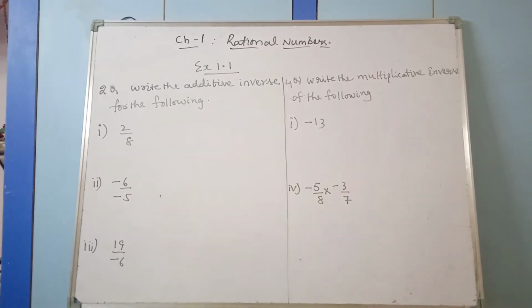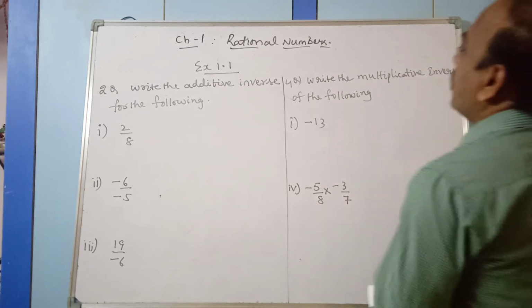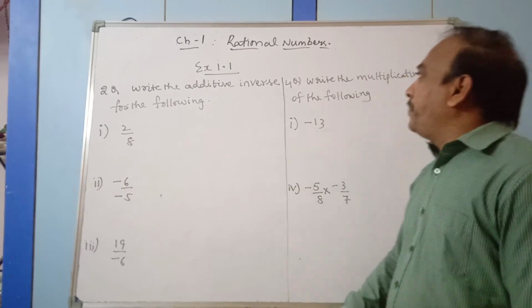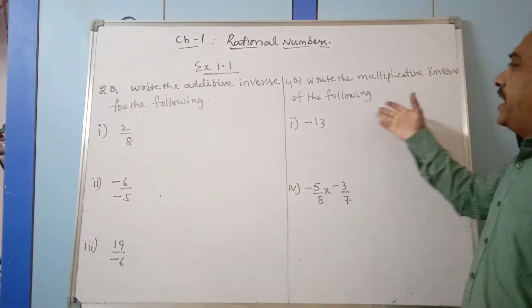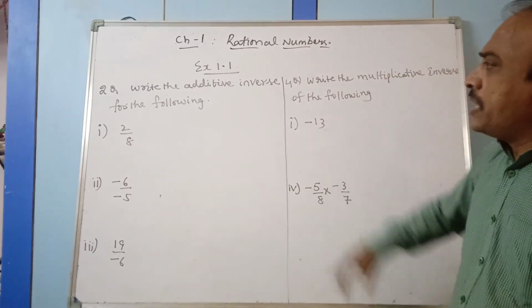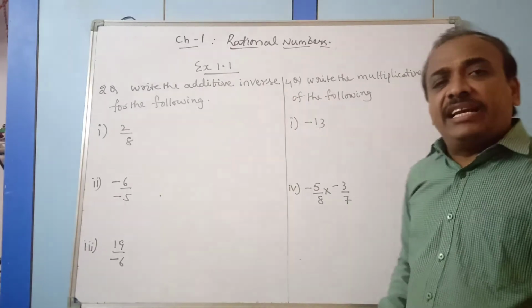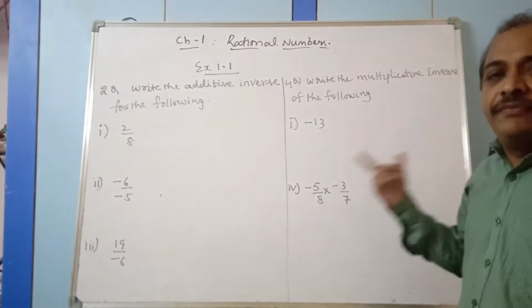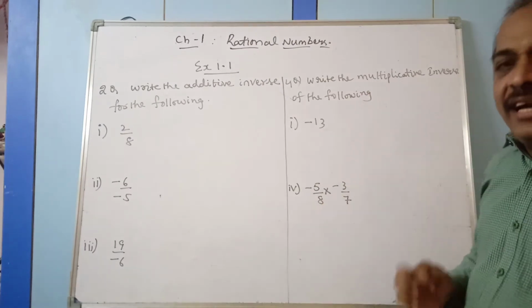Now we will see exercise 1.1. Write the additive inverse for the following, question number 2 and question number 4. Write the multiplicative inverse of the following. Additive inverse means you have to just change the sign, then write the number.